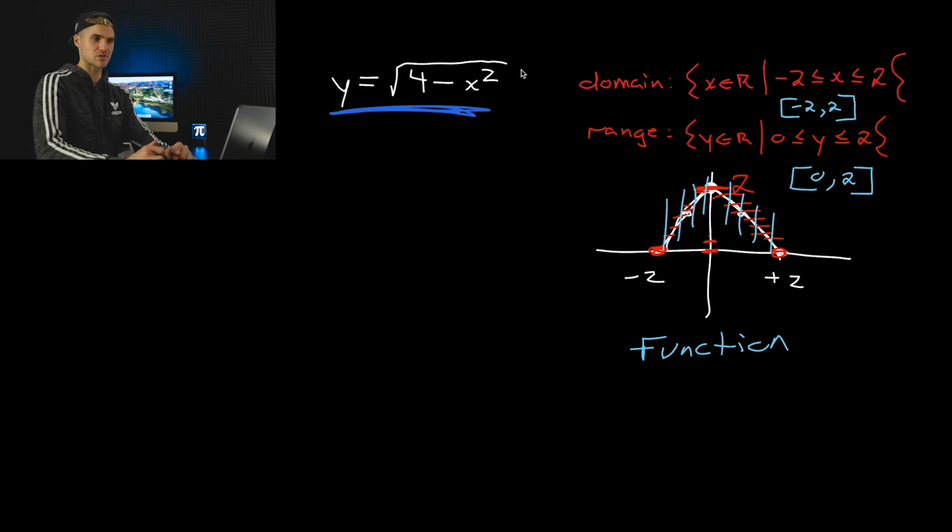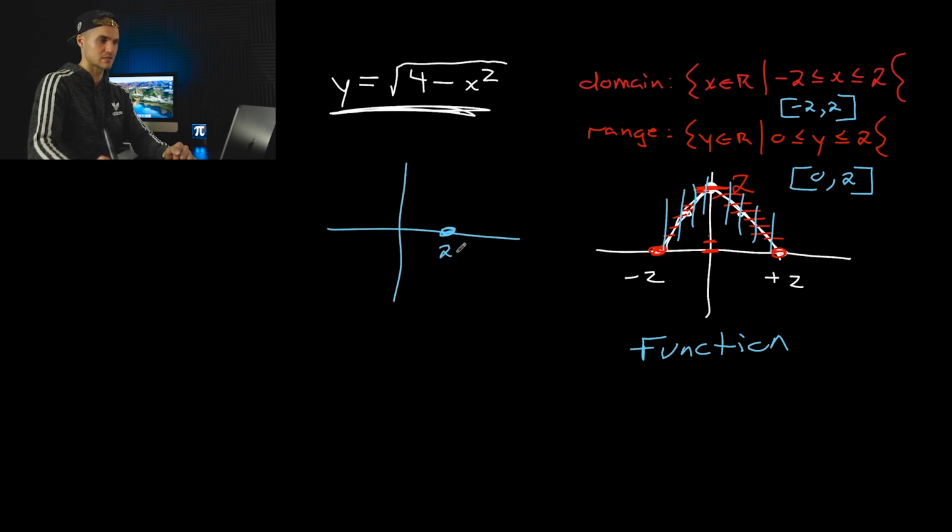And I'm actually realizing that I didn't state whether the previous one was a function or not, the square root of x squared minus 4. So let's bring back that diagram quickly. Remember, it was at 2 going like this and -2 going like this. But that other one is a function as well, because it's also passing the vertical line test everywhere. So that one was a function as well.